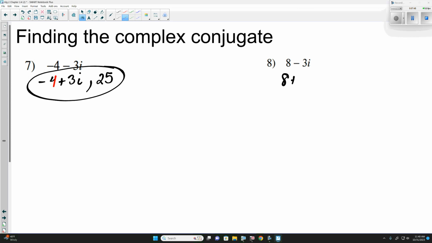And then the next one would be 8 plus 3i. 73.